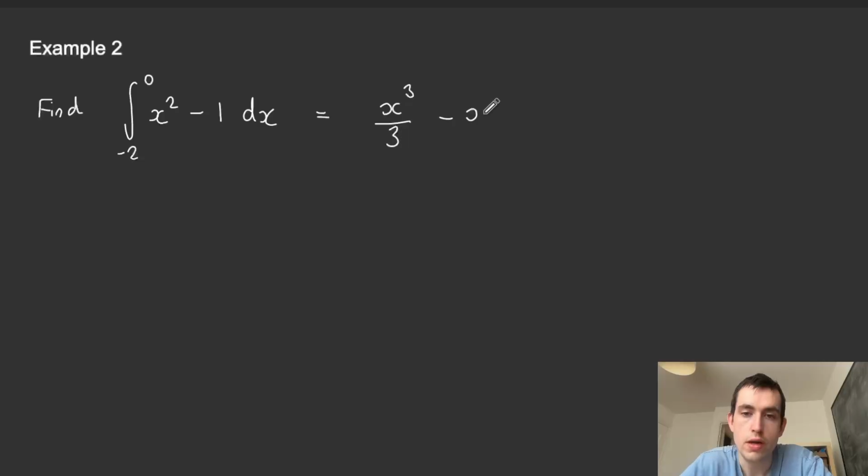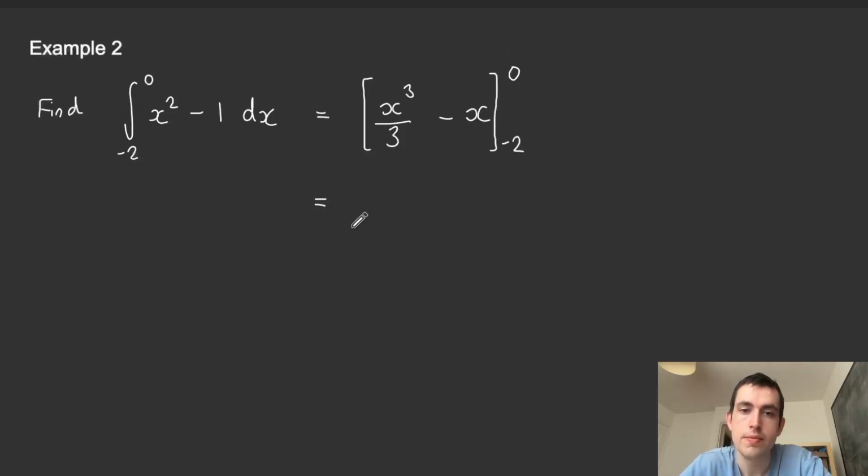For the 1, remember that any constant is the same constant with an x added on, the reasoning we saw in the last video, because x to the power of 0 becomes x to the power of 1 when integrated. Because it's got the limits, we're not going to put the plus c, rather we are going to put the square brackets, with the numbers -2 and 0, copying the limits given in the question.